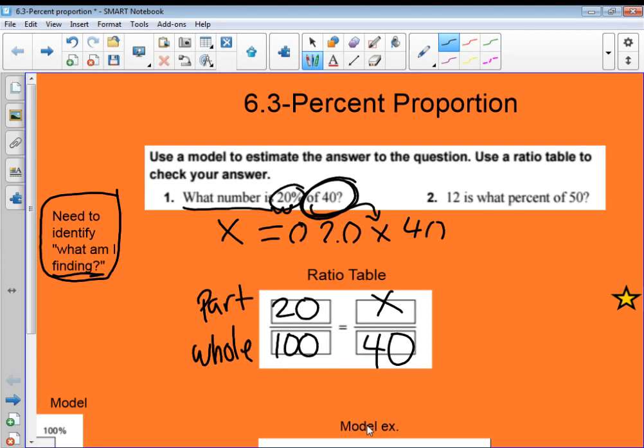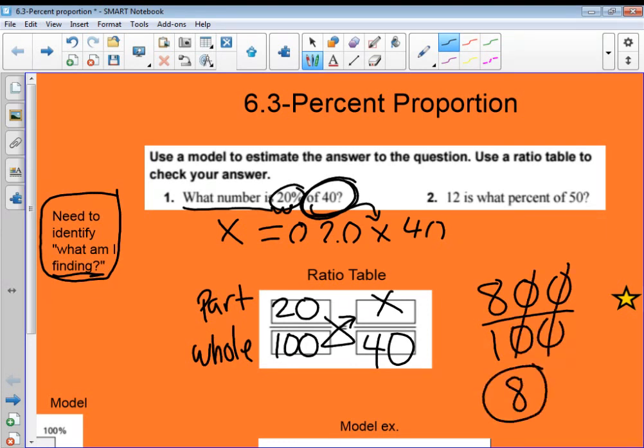Okay? And then, as you can see, you cross multiply and divide. So that would be 20 times 40, which would give me 2 times 4 is 800. And then I would divide by 100, which would give me 8. Yes.